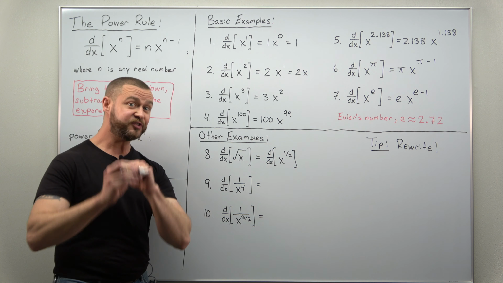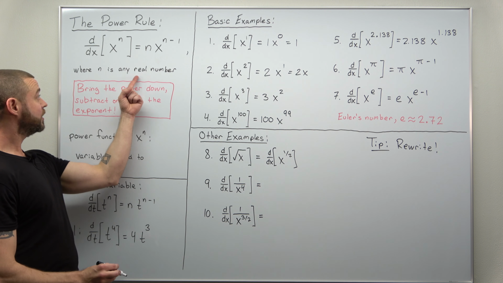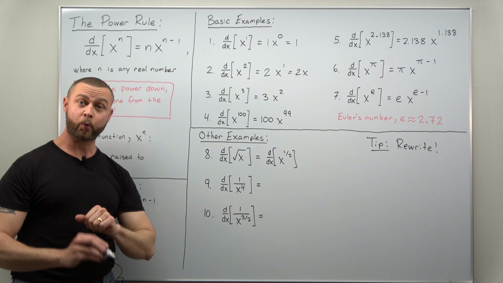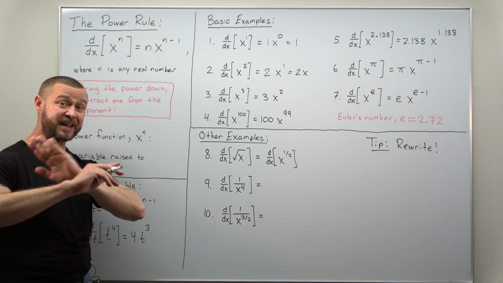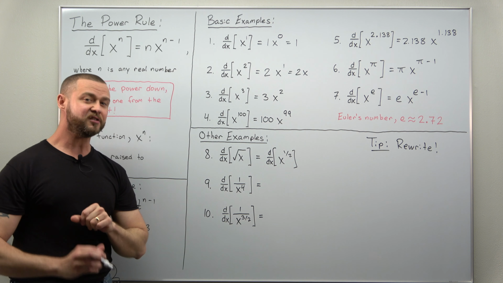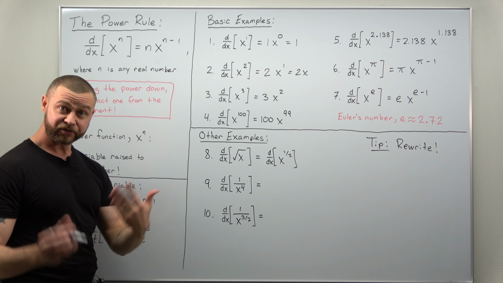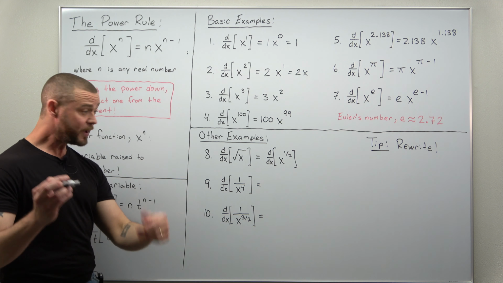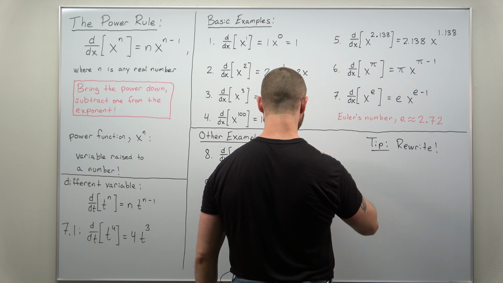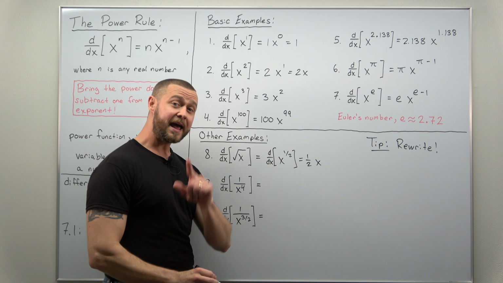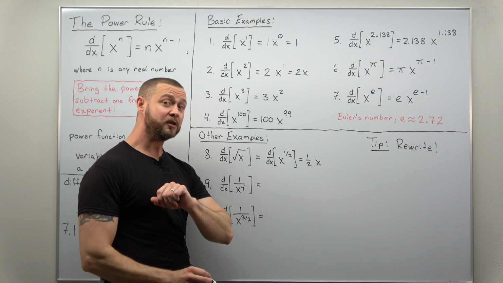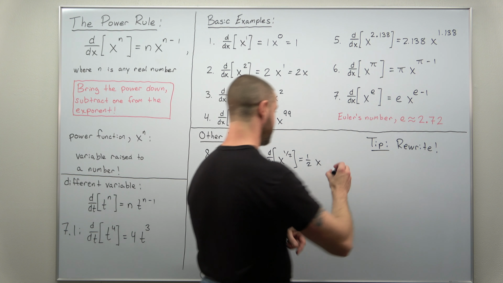The power rule will still work if your powers are fractions. So this works if n, the power, is any real number, fractions included. All right, so let's go ahead and apply it. We're going to bring the power 1/2 out front. We're going to bring that down. And now we get x to 1 power less, 1/2 minus 1.